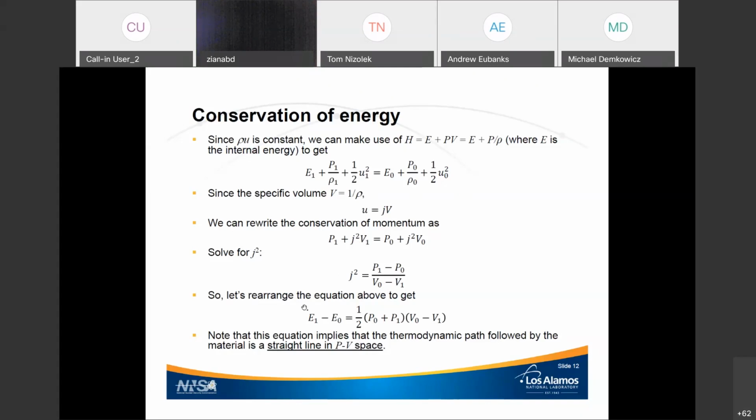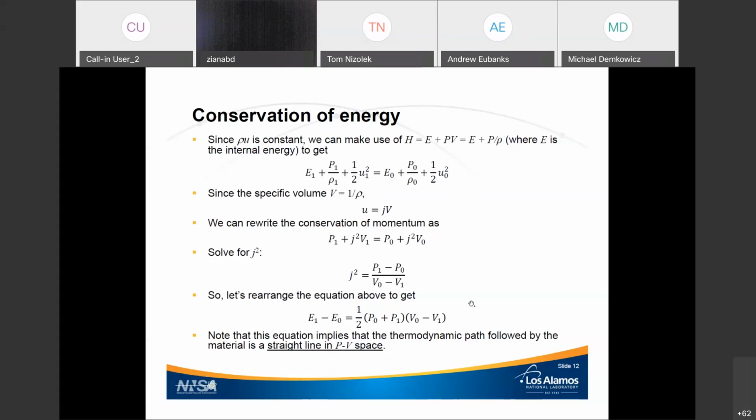And we can rearrange that using the equations up here that went before to get the equation where the change in internal energy is 1/2 P naught plus P1 times V naught minus V1.